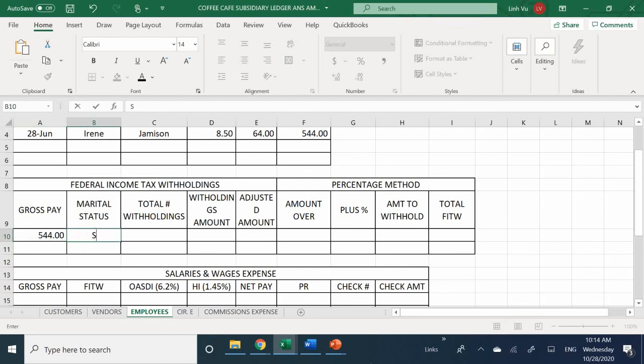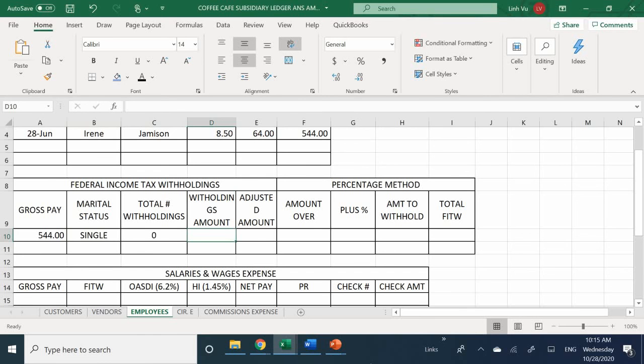We know that because that's what it says. Single. All right. Oh my gosh, I'm having trouble typing today. How many withholdings does she have? 0.